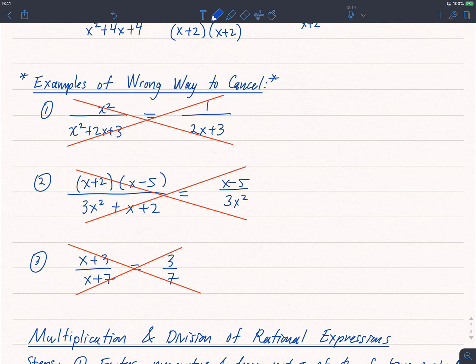In the second example, same thing. x plus 2 is a factor of the numerator, but it's a term of the denominator, so we can't cancel the x plus 2's there. And again, x in number 3, x is a term of the numerator and it's a term of the denominator, so we cannot cancel. We can only cancel two things that are factors.